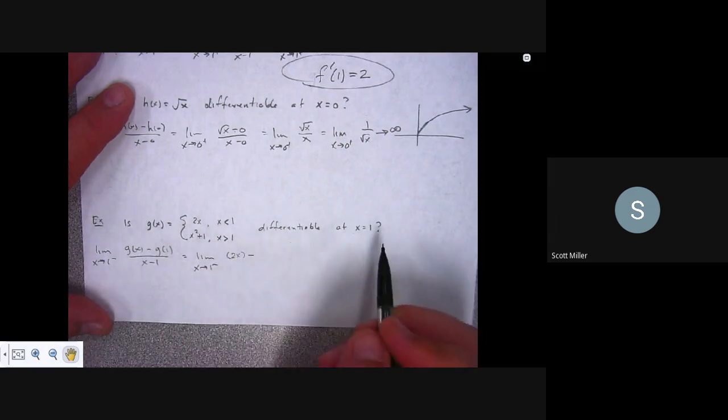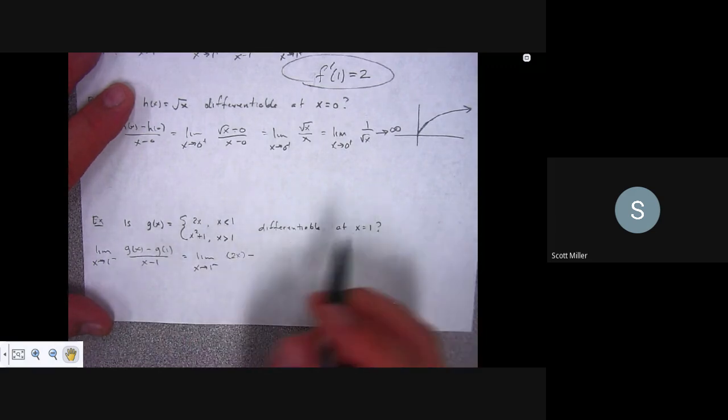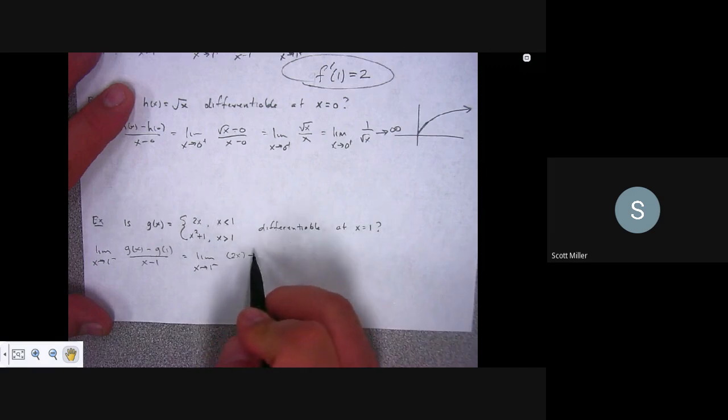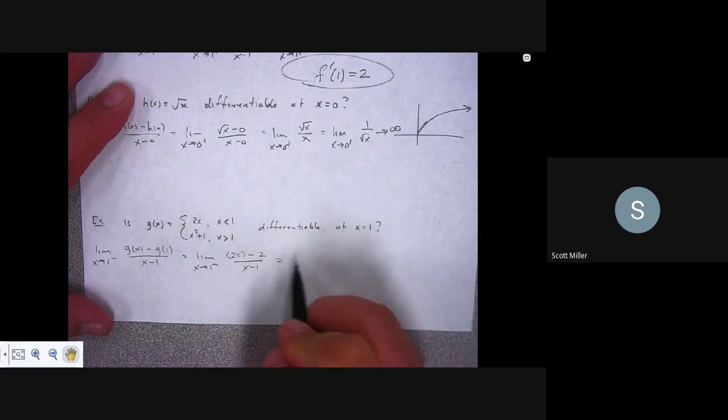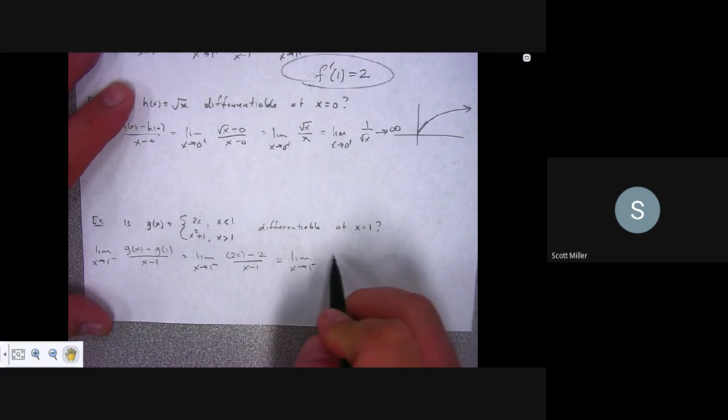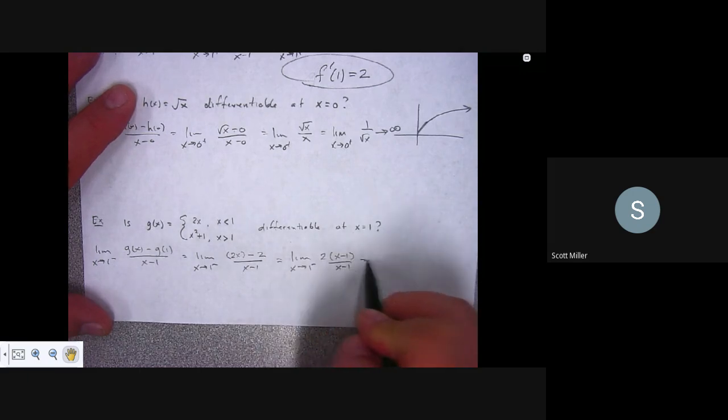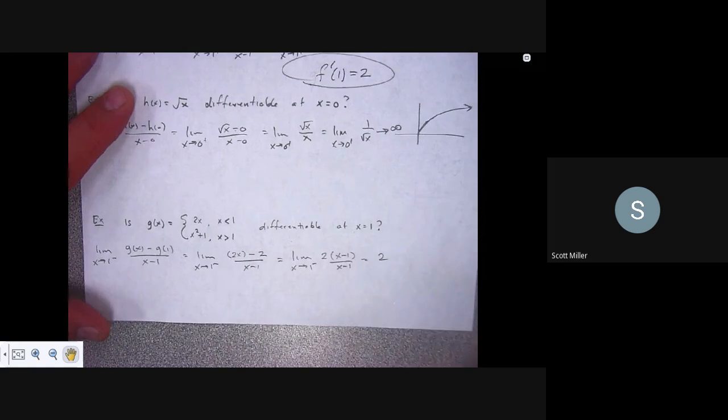G at 1, 2x minus 1. I can do a factoring technique, and I get 2 times x minus 1 over x minus 1. And I get the number 2.